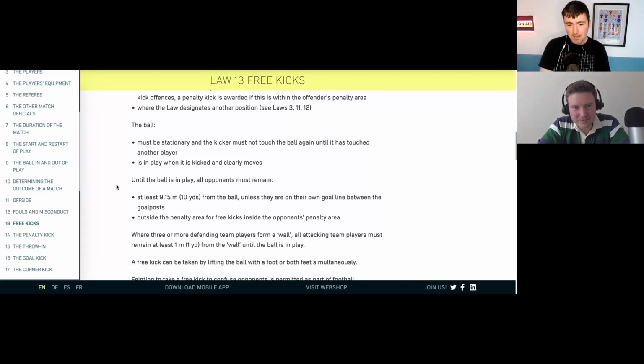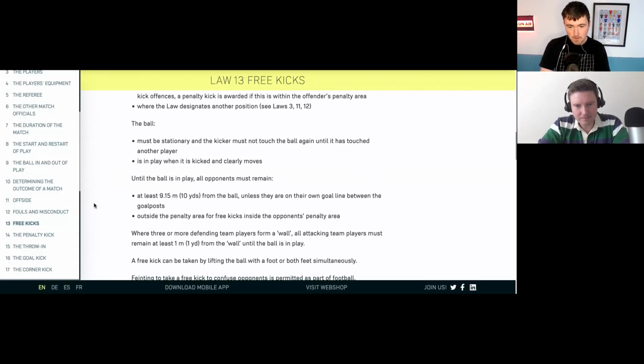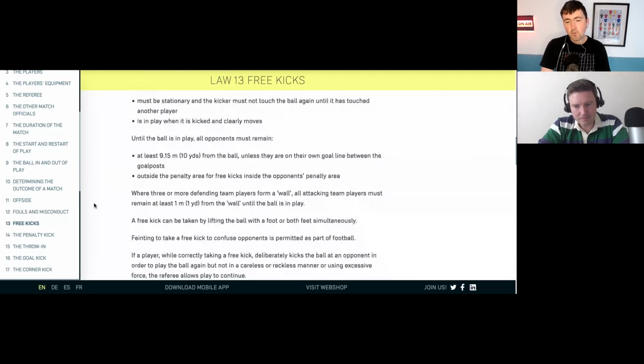And if there is a free kick inside the opponent's penalty area, then you have to be outside the box. So the same as a goal kick, again, until it's kicked and in play. And then there's the stuff about a wall now.